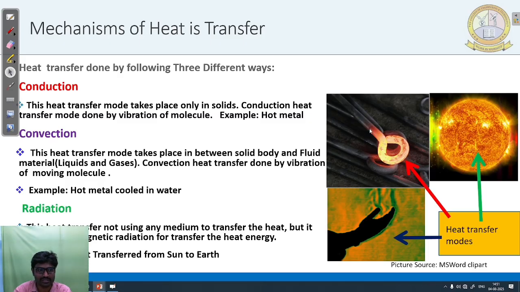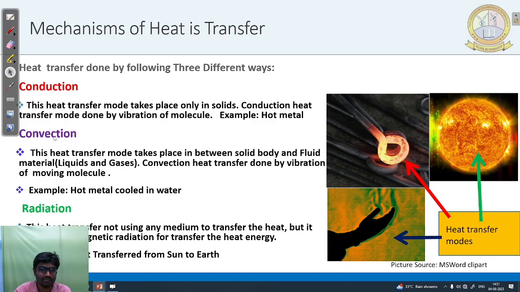That is, the energy is transferred between the atoms or molecules inside a single medium, for example solids, liquids or gases.